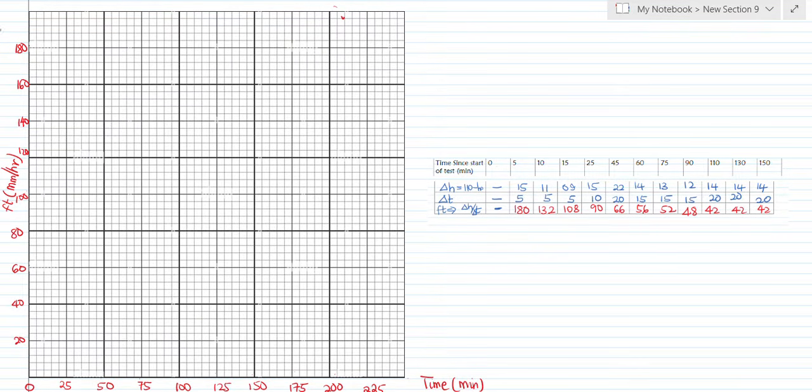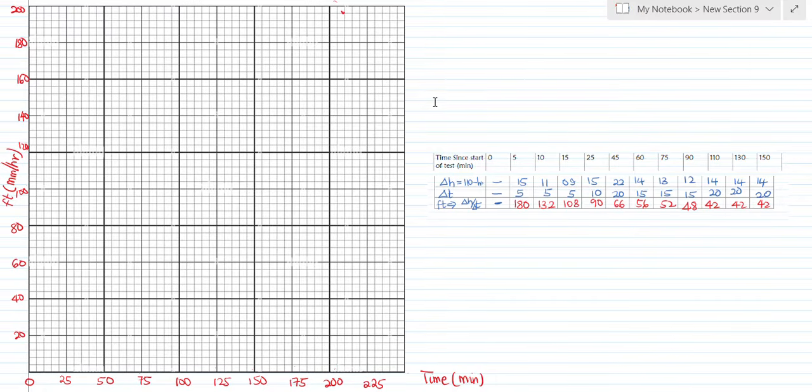Okay, everything is set and we go to 200, right? I just want to adjust the whole thing a little bit so that everything stays inside.